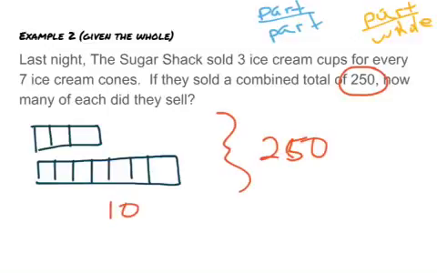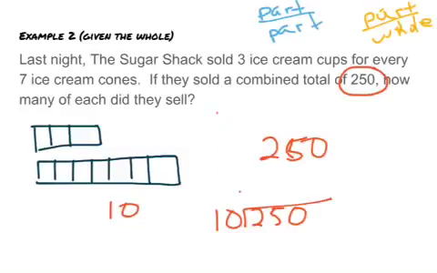We can divide 250 divided by 10, and we're going to get 25. So we understand now that what we're going to do is increase our parts, the two parts that were given, by 25.